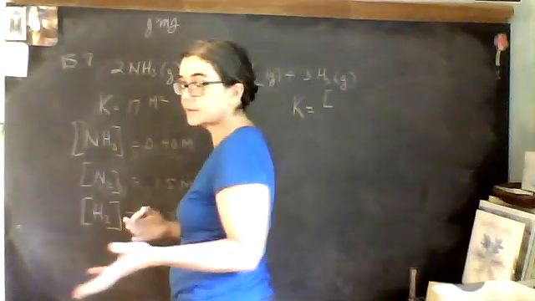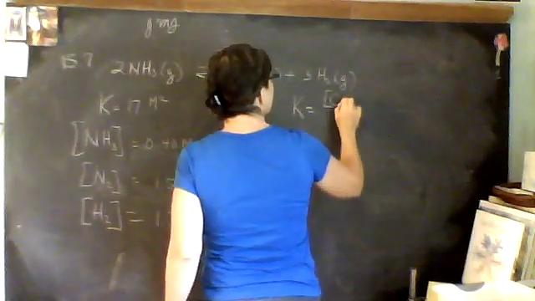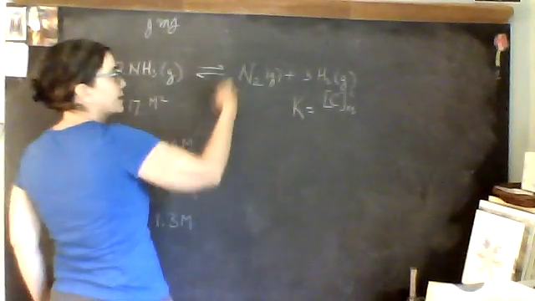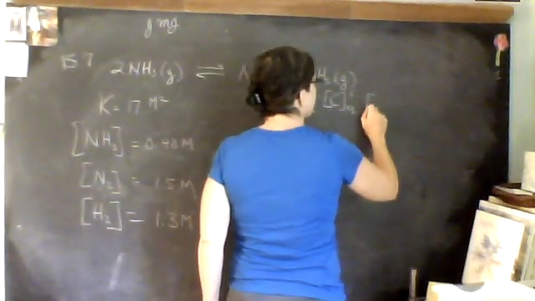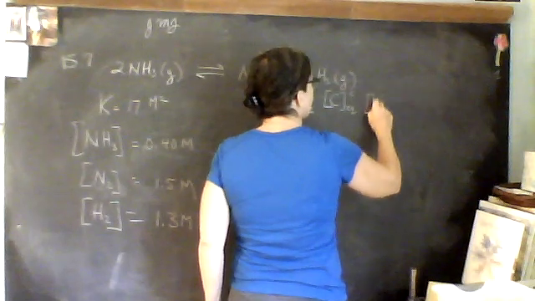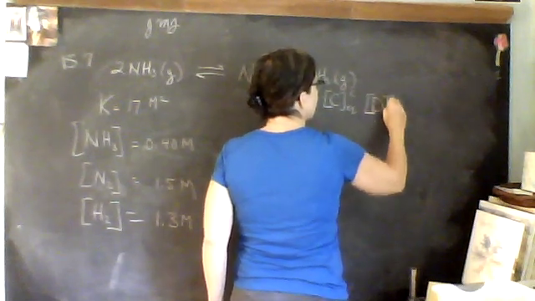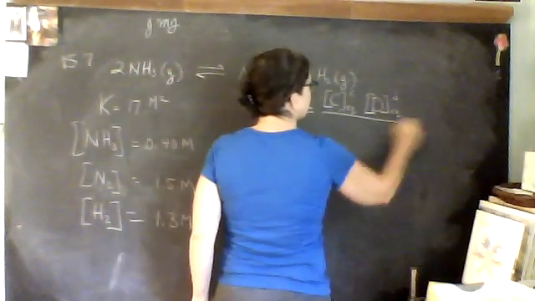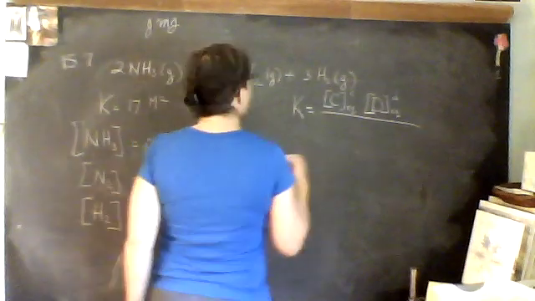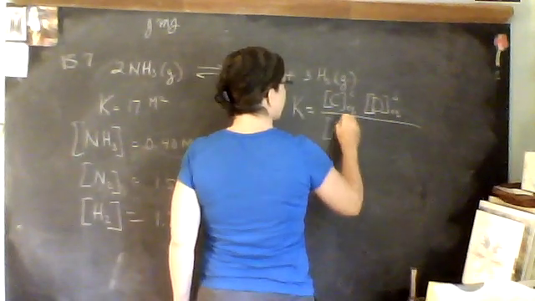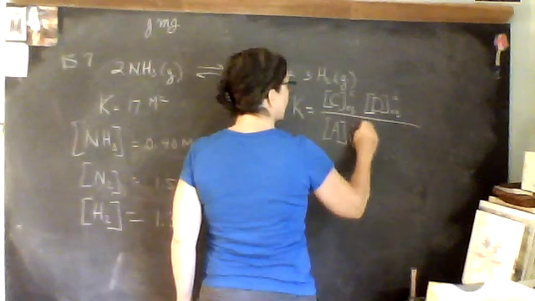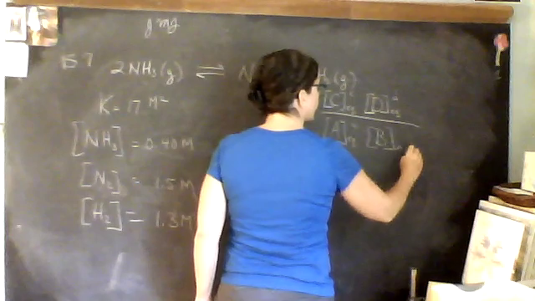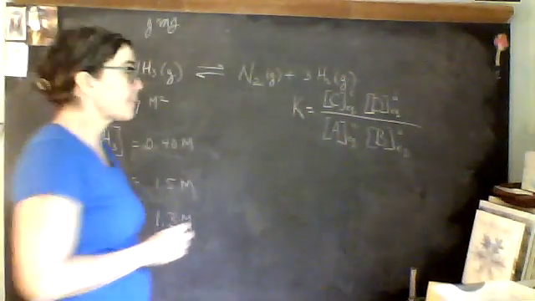Is the concentration of C at equilibrium, to the exponent of whatever lowercase c, times the concentration of product D at equilibrium, to its coefficient exponent, over the concentration of A at equilibrium to the power of lowercase a, times the concentration of B at equilibrium to the power of lowercase b.